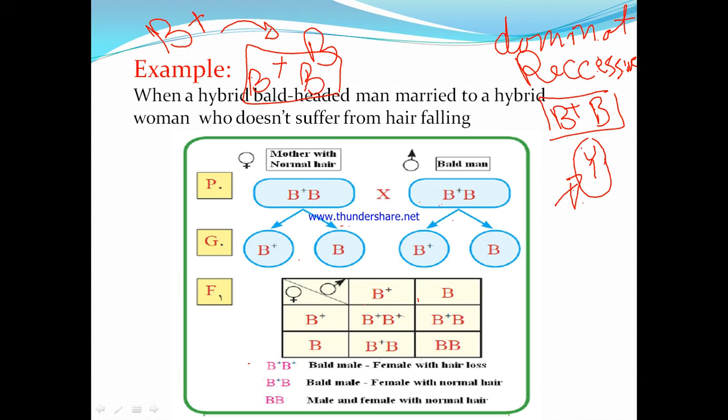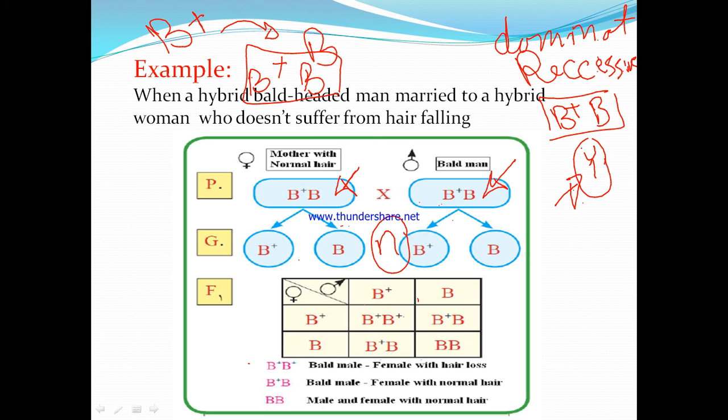Okay, now the parents are presented with the genotype like you see in the figure, which by meiosis division give gametes carrying n number of chromosomes, the haploid number: B positive or B in the gamete of the female, and the gamete of the male is B positive or B also.